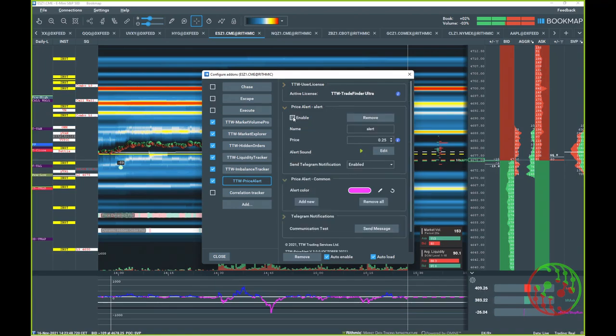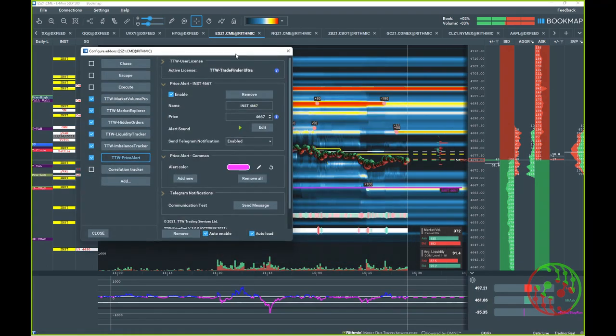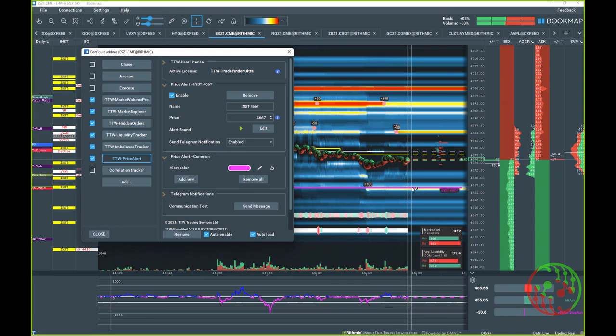It's simply an alert function. You say enable, you can put a label at, what was it? 4667, I think. This is the label, and then you just add the price, 4667, and you see here a line is added with a label.